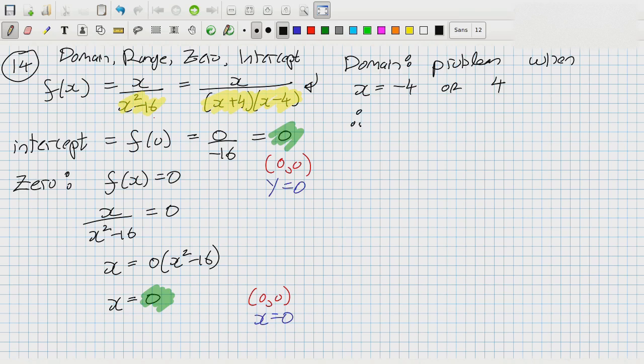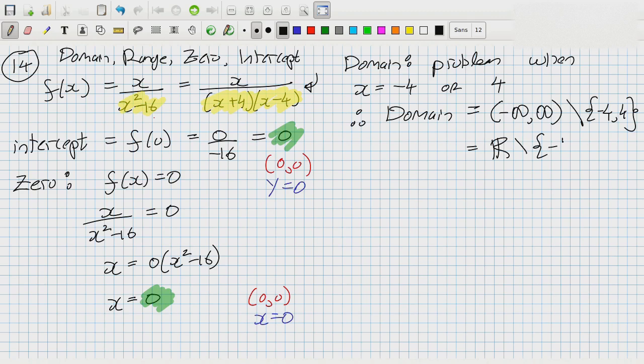So therefore, the domain is all the real numbers from minus infinity to infinity, except for minus 4 and 4. That's what that symbol means. You can also write it like this: all real numbers except for minus 4 and 4.